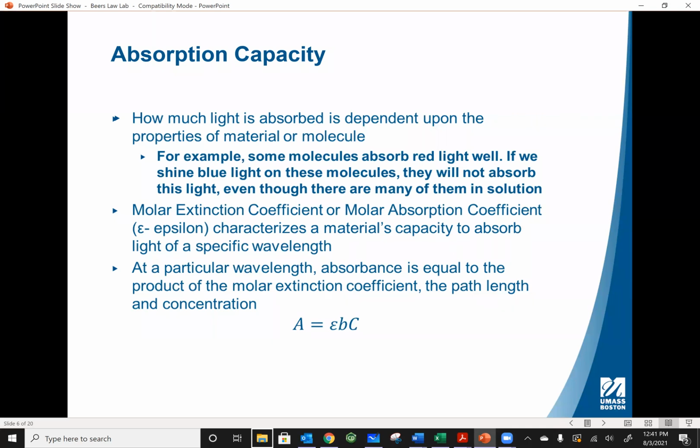So we have this constant of a molar extinction coefficient that characterizes the material's capacity to absorb. The molar extinction coefficient is specific to a certain molecule. So the molar extinction coefficient of the Allura red we're using today would be different than the molar extinction coefficient of, say, bromethymol blue or something. So it is specific to the molecule.